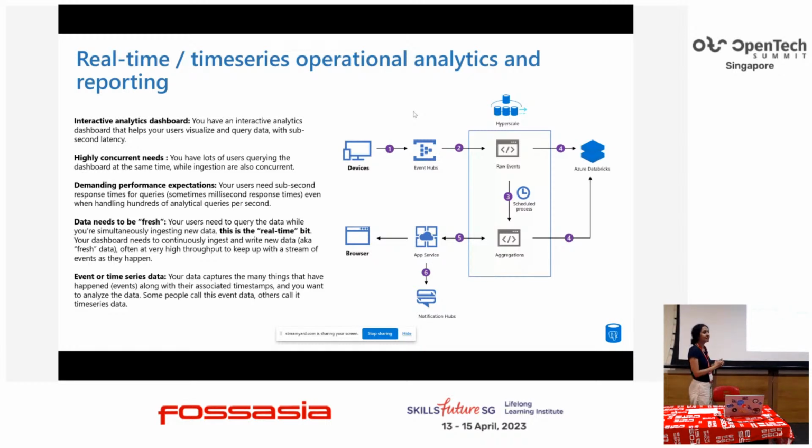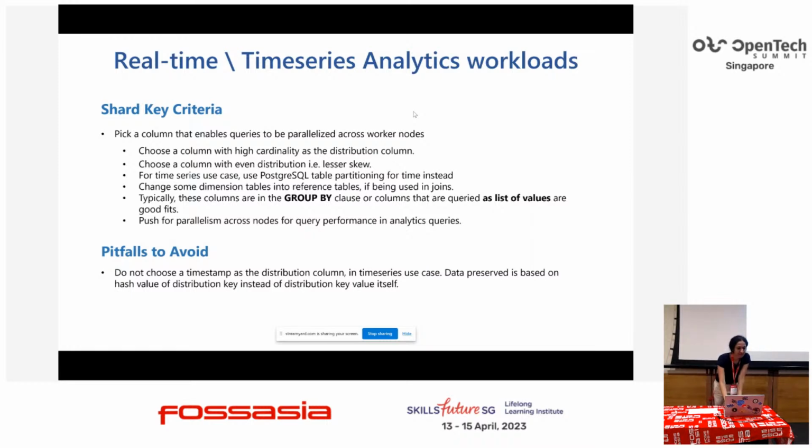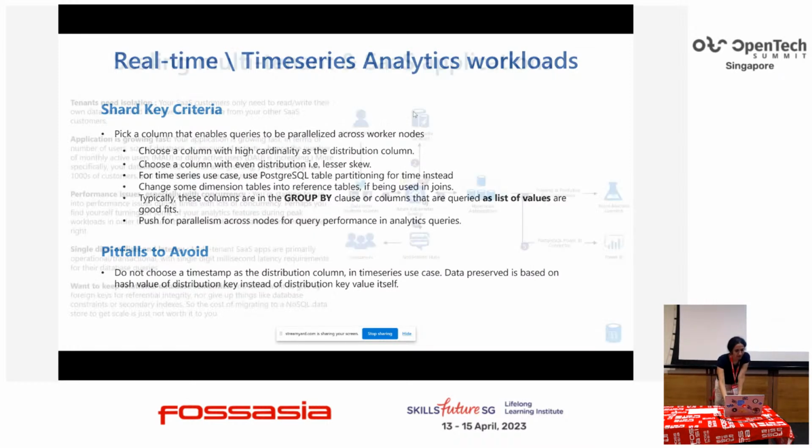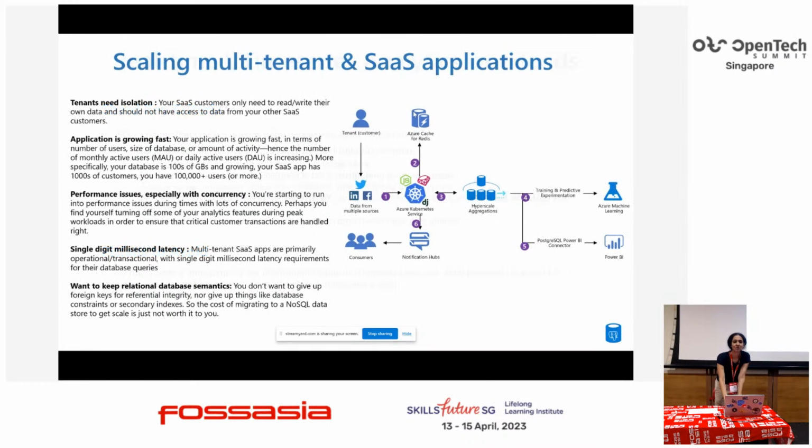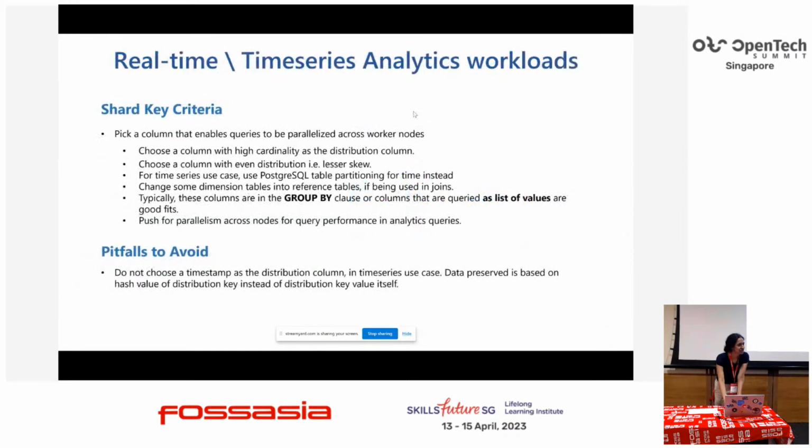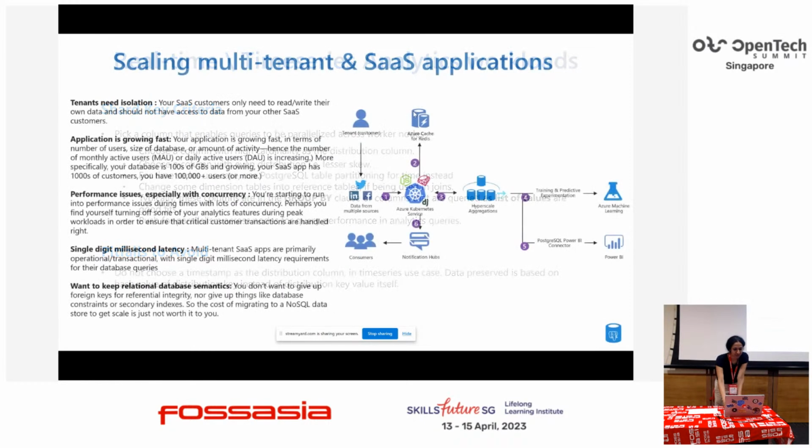Freshness of data, availability, durability, concurrency, all of those are obviously the most important pieces. Choosing the shard key is probably the most important decision, just as we do in any NoSQL component, in Citus as well. So that's important.